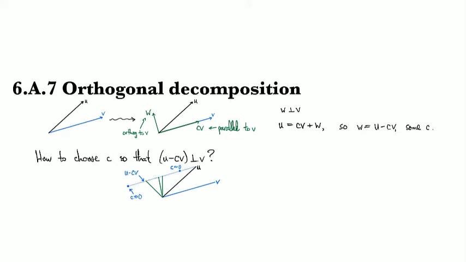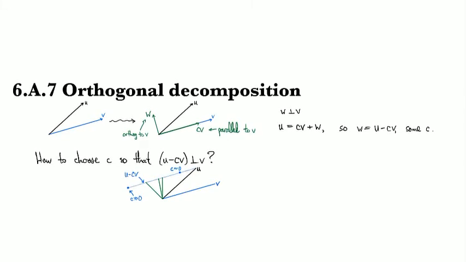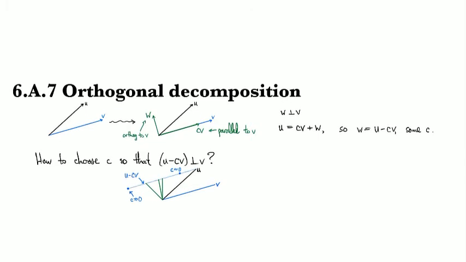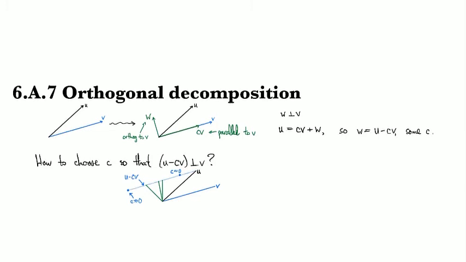These are all the different points in between. We're looking for that magic value of c that finds us the green line that's orthogonal to the blue line.